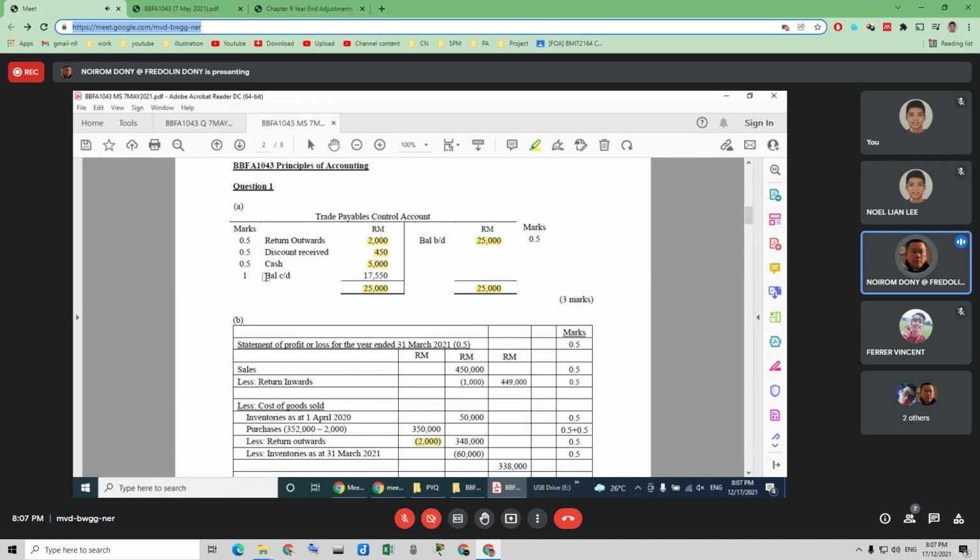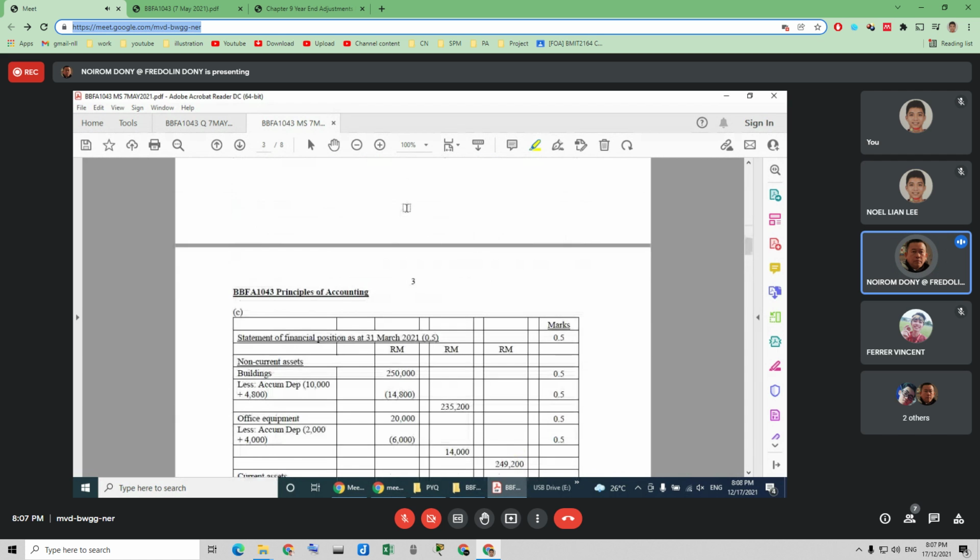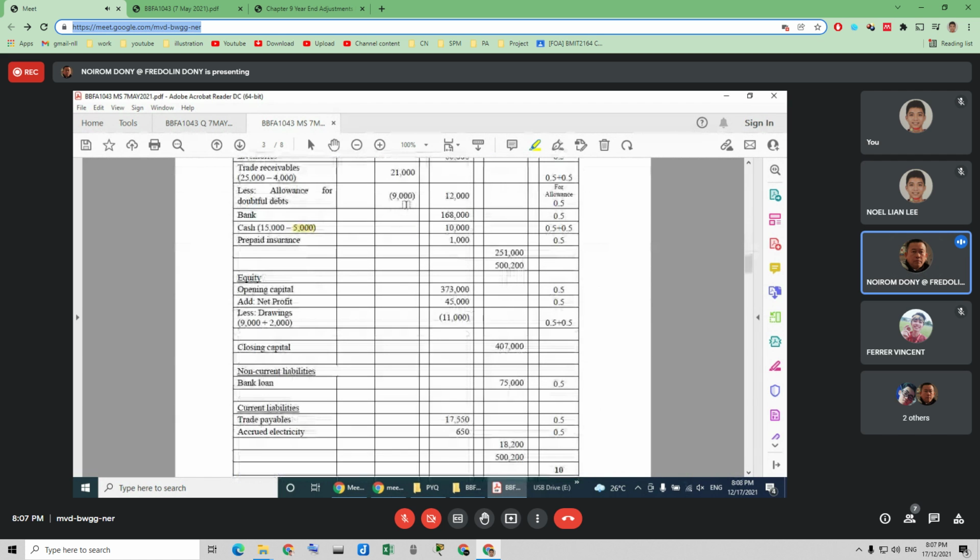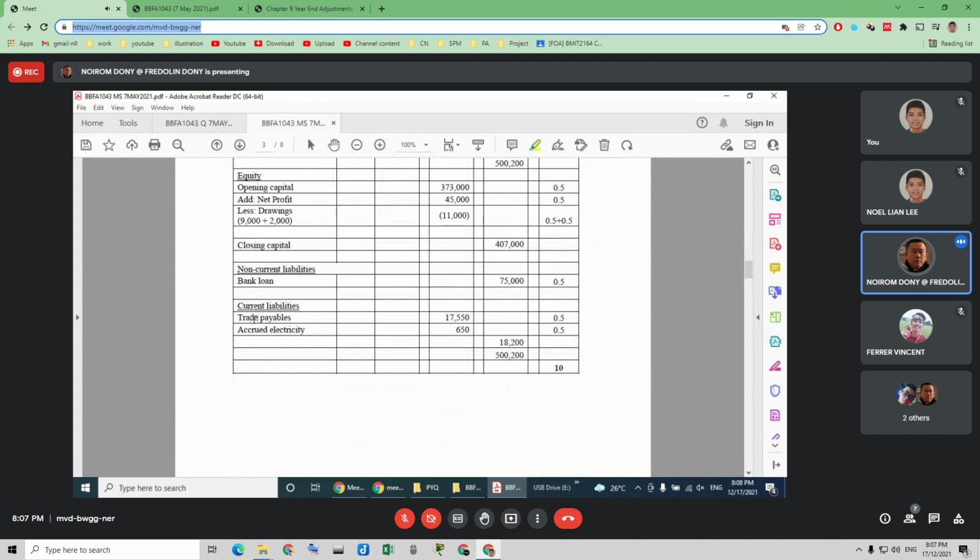So this is what we call credit balance. Why? Credit total is more than the debit side. How much? 17,550. And this trade payable control account goes to SOFP under current liability.